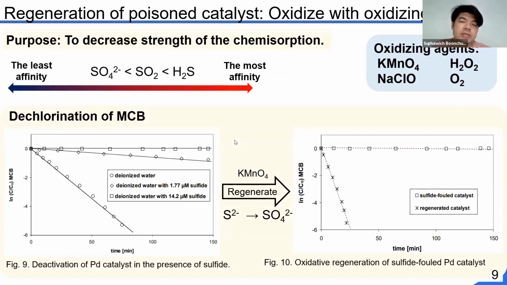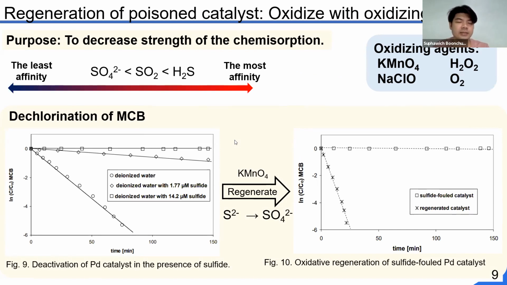The second method is oxidizing with an oxidizing agent. Each molecule of the sulfur compound has a different strength of bond with the active site and can be sorted. These molecules, from the least to the most, are sulfate, sulfur dioxide, and sulfide, respectively.